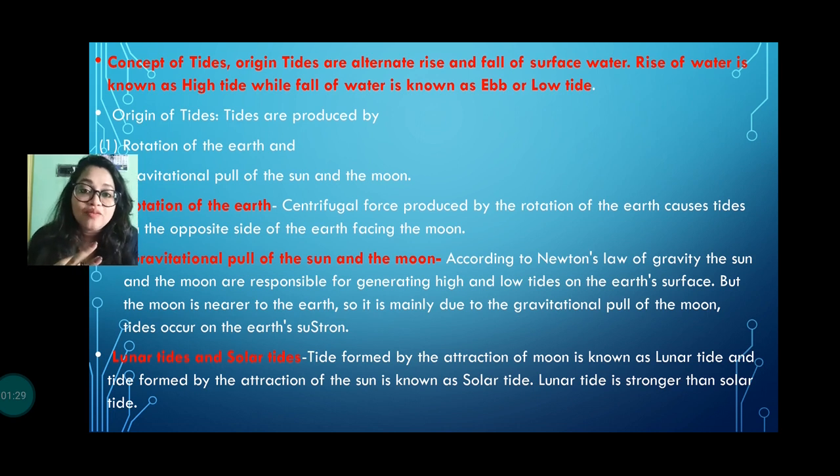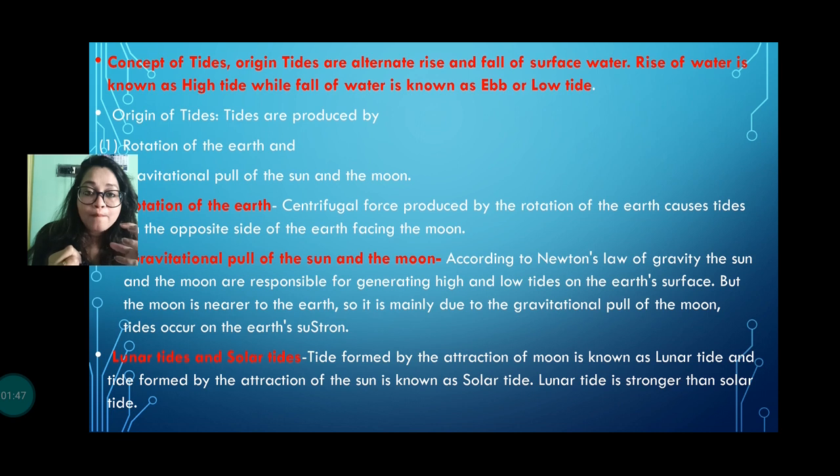Next, the gravitational pull: how can the sun and moon help originate the tides? According to Newton's law of gravity, the sun and the moon are responsible for generating high and low tides on the earth's surface.